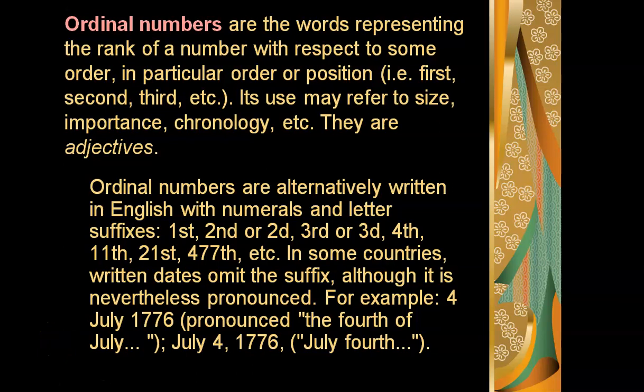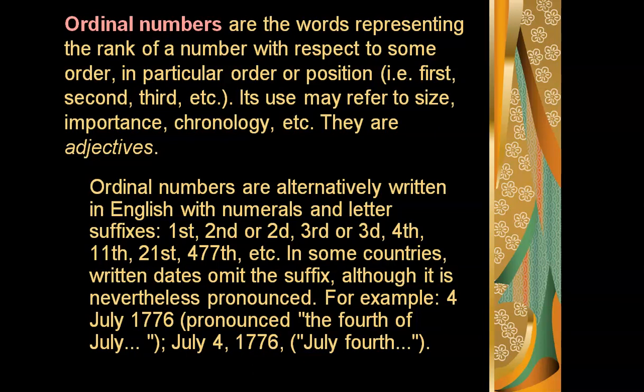Ordinal numbers are the words representing the rank of a number with respect to some order, in particular order of position: first, second, third, and so on. Its use may refer to size, importance, chronology, and so on.